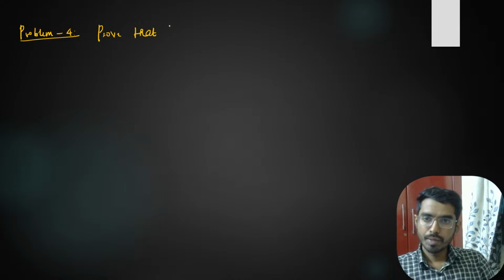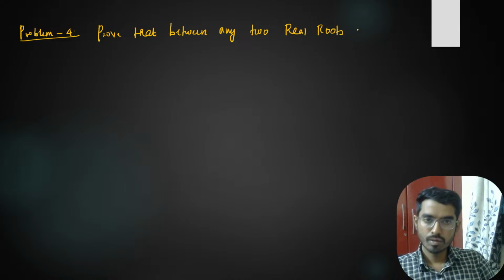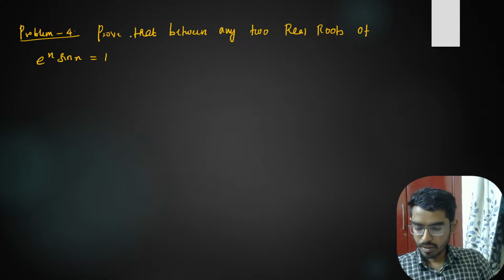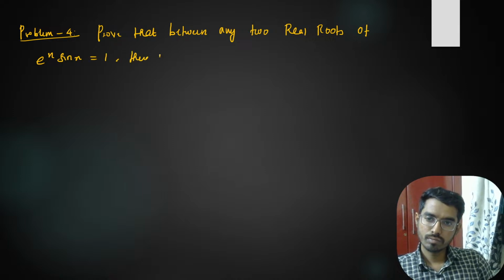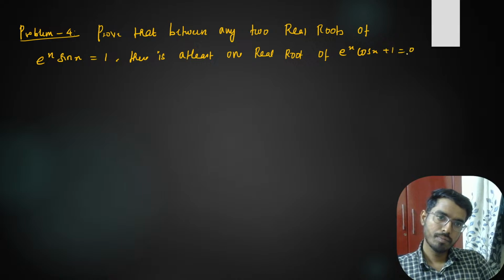Prove that between any two real roots of e^x sin x equal to 1, there is at least one real root of e^x cos x + 1 equal to 0.